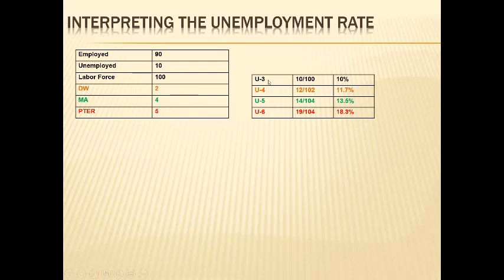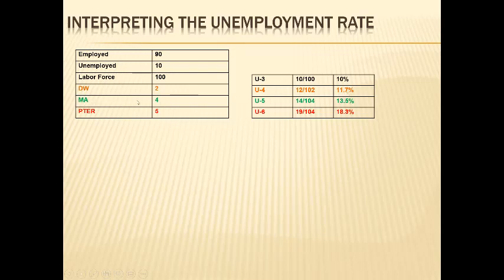So U3 is just the unemployed, that's the 10 million, divided by the labor force, 100, so that's 10%, of course. U4, we add the 2 discouraged workers to both the numerator and denominator, so now we've got 12 over 102. Work that out on your calculator, or as we'll be doing in homework 3, you'll do that in Excel. So we got 11.7% for the U4 rate.